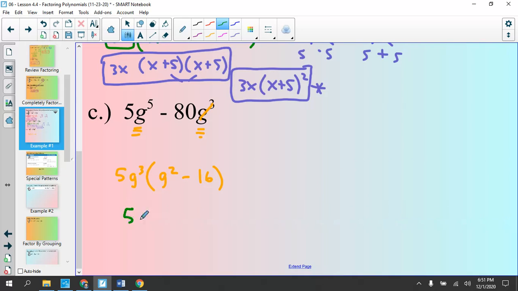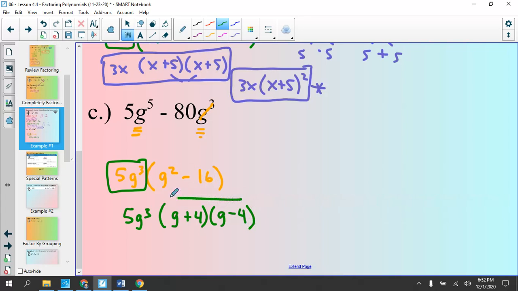I can finish this: 5g to the 3rd, and then g plus 4, g minus 4, the square root of each. Make sure you save a plus and a minus for each one, and that's where we end up. All right, so factor out, then factor what's left using traditional methods.